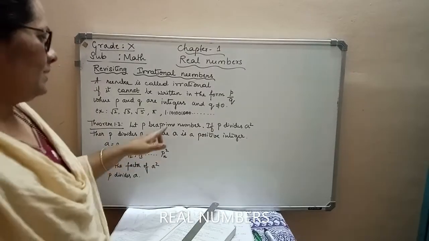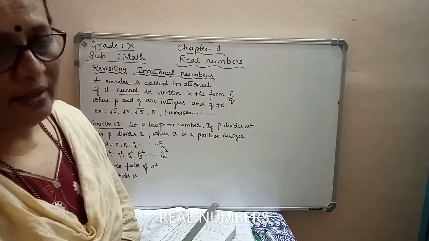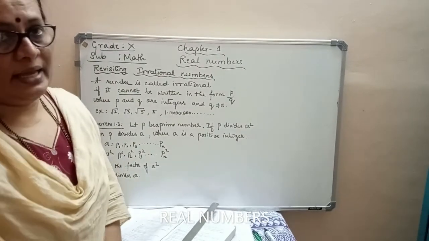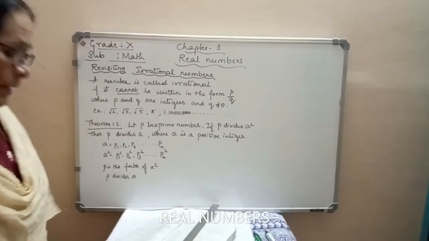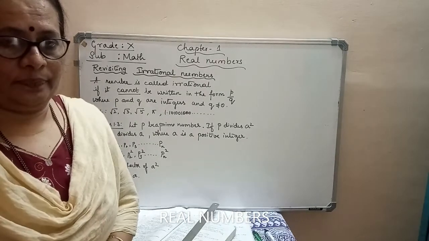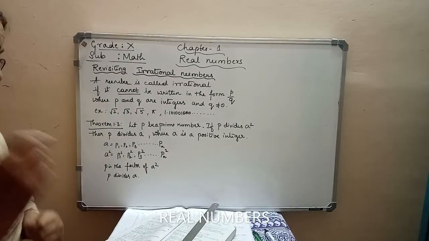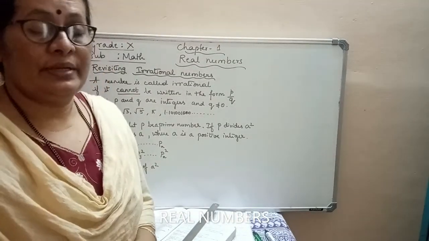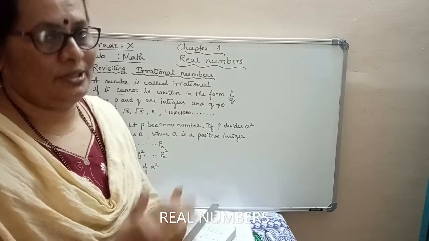Now using this statement we are going to prove the irrationality of numbers. That is, prove that root 2 is an irrational number. While proving this, you need to follow 4 steps. First, you have to assume the statement to be false. For example, to prove that root 2 is irrational, you have to assume it is a rational number.